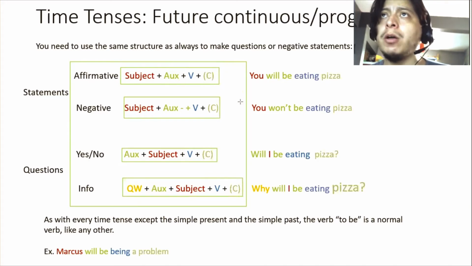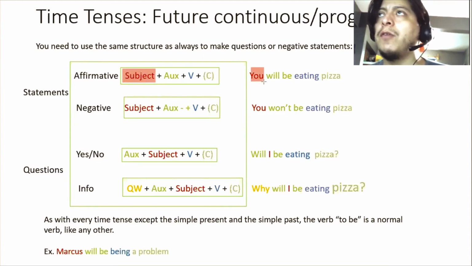Subject, auxiliar, verb, and complement. Subject, auxiliar with negative, verb, and complement. Auxiliar, subject, you switch them, verb and complement. Question word, auxiliar, subject, verb, and complement. So in this case, because we have the future continuous, then we have something like this.